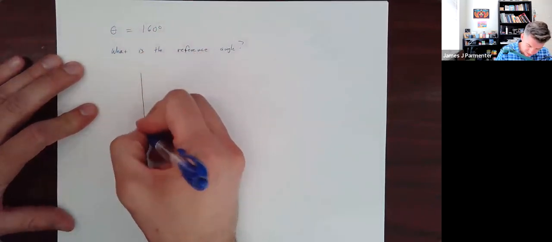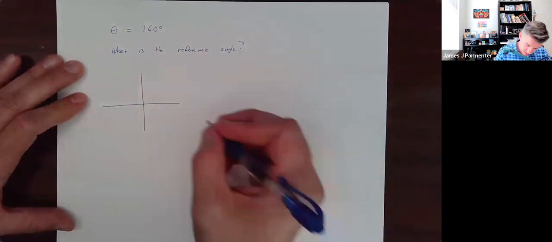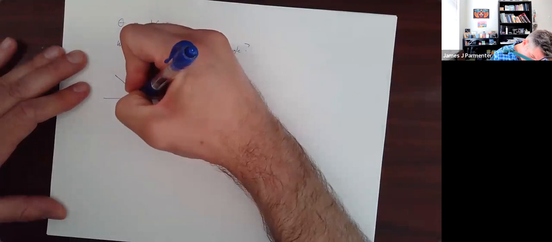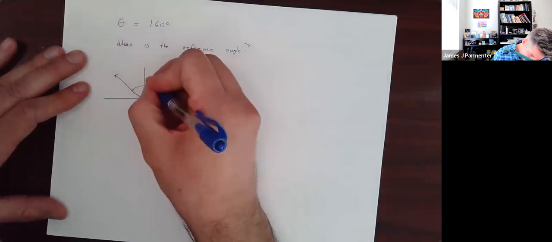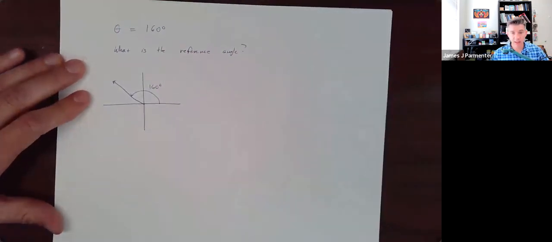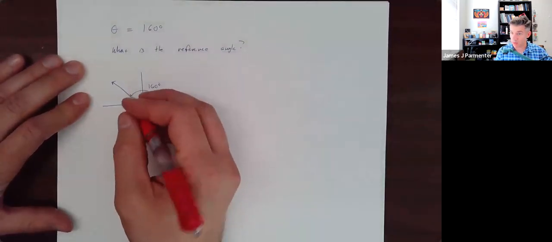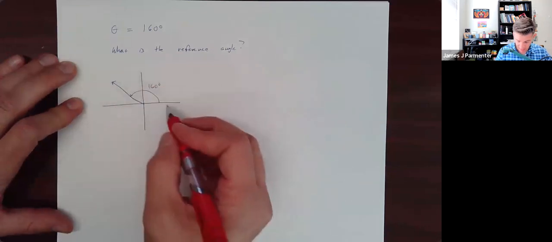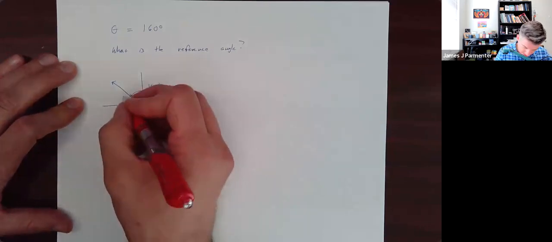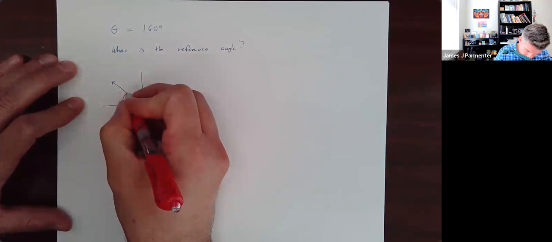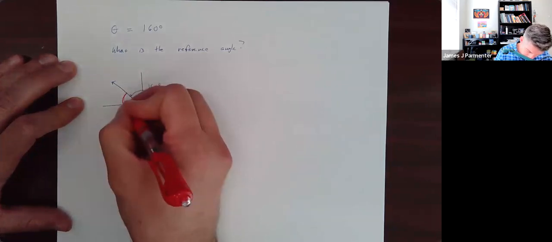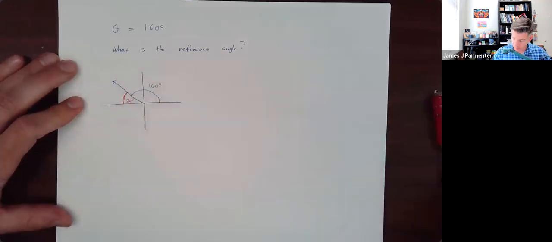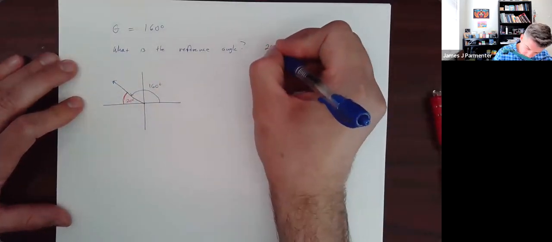Well, if I draw 160 degrees in the standard position, it looks like this. And the reference angle is the acute angle that is made with the terminal ray and the closest x-axis. So not this side, because that's not the close side, this side here. So this angle right here, which is 20 degrees, that angle is my reference angle. Answer, 20 degrees.